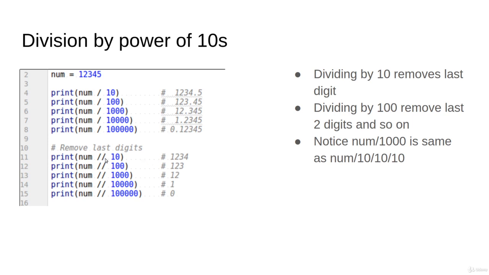So when we divide by 10, it gives us 1, 2, 3, 4. So we get rid of 5. When we divide by 100, it gives us 1, 2, 3. We get rid of 4, 5. By 1000, we get rid of 3, 4, 5, and so on. So overall, the integer division by 10 is very interesting because it helps us to remove digits from the end of the number.